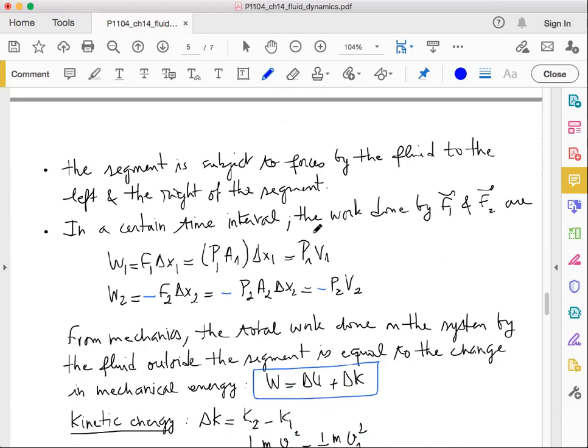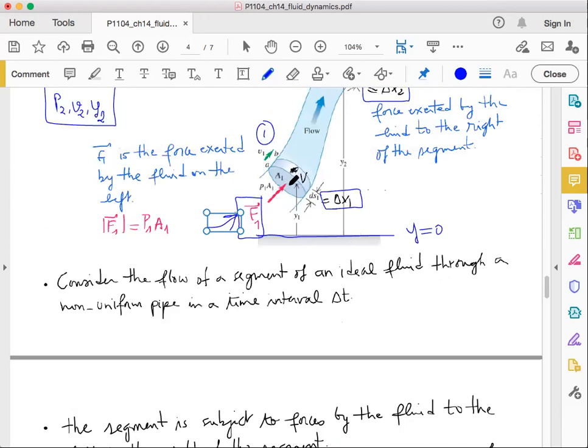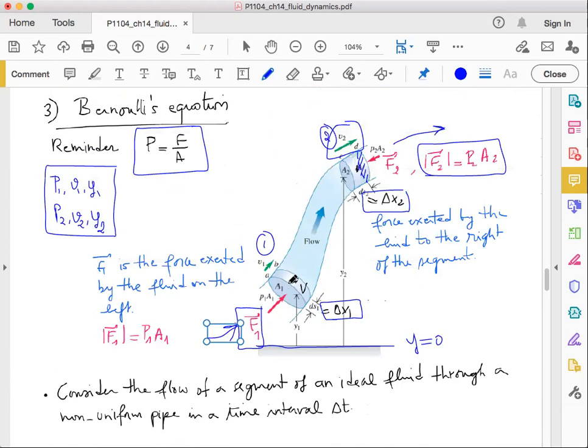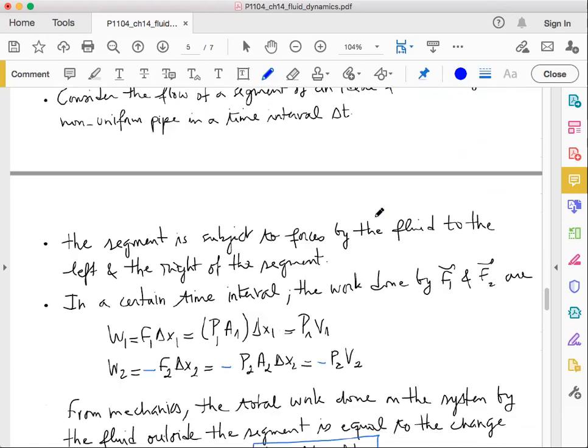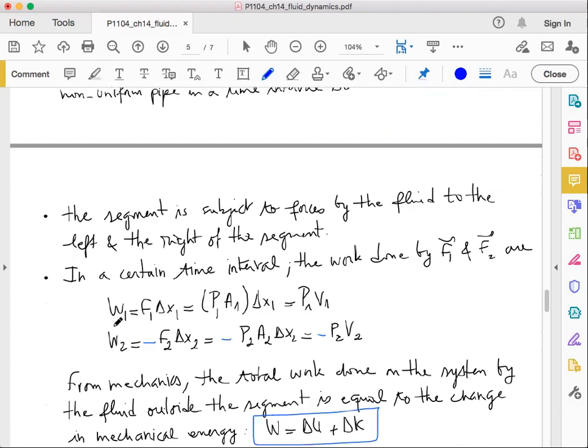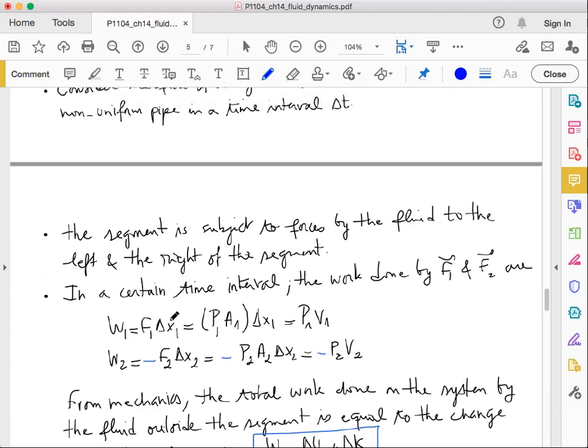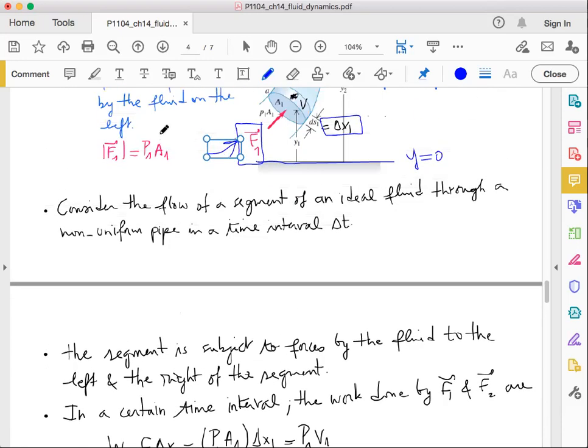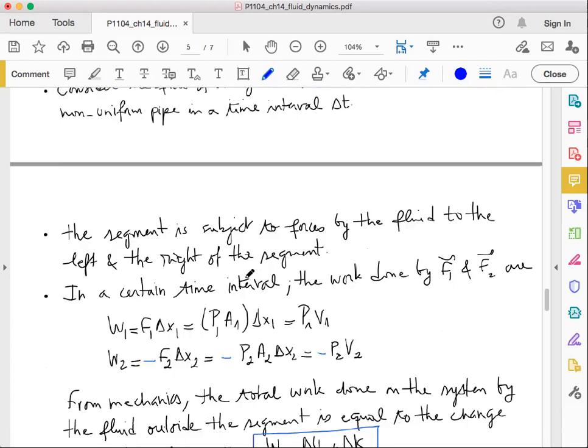So in a given time interval, we have F1 acting by the fluid on the left of the segment, and F2 is the force acting by the fluid to the right of the segment. These two forces produce some work, and this work is defined as the force multiplied by the displacement. So W1 is F1 times delta x1, and if you replace F1 by P1 times A1, we end up with W1 equals P1 times A1 times delta x1.